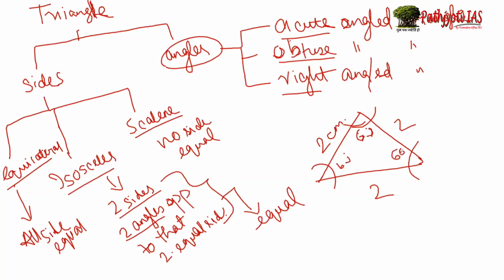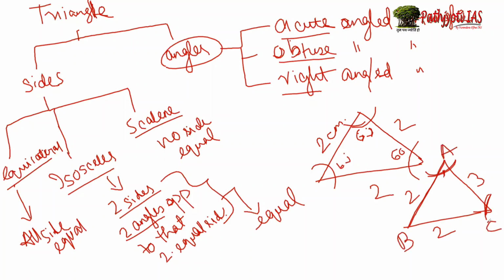Okay. And in isosceles, as you could understand from this explanation, two sides are equal. For example, if these two sides are 2 and 2 and this one is, for example, 3, then opposite to these sides are this angle and this angle. For example, this is ABC, so angle A and angle C will be equal.